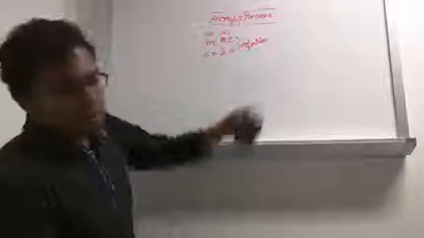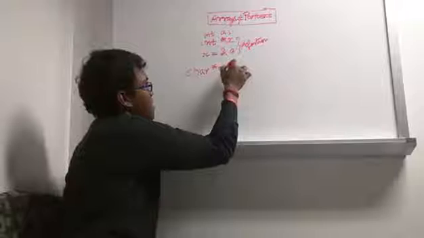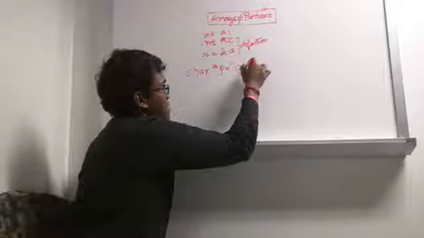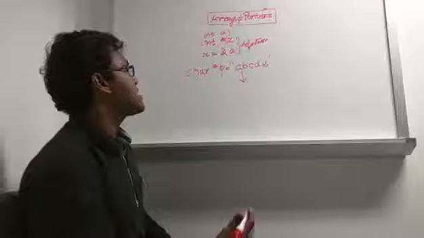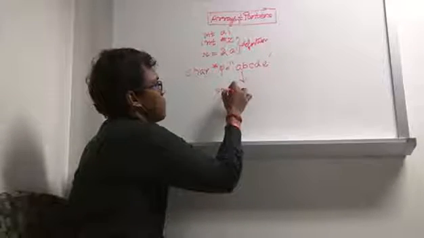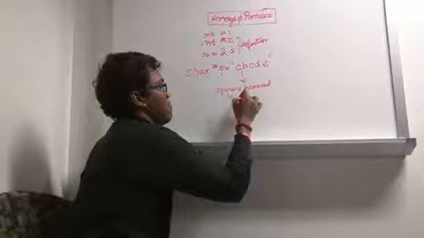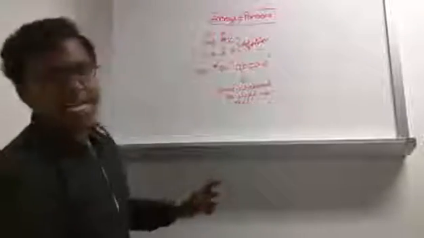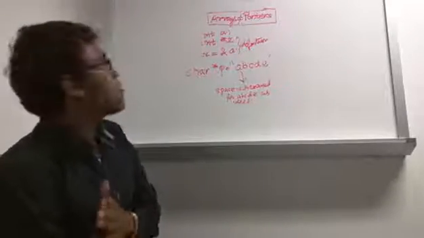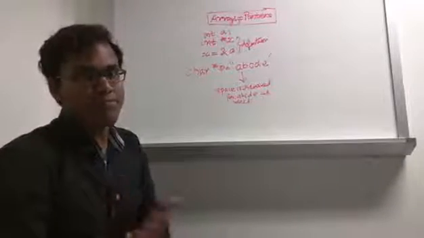If you have a character pointer p, and you define it as a string literal, then in this case and only in this case, space is reserved for the string literal as well. Once again, any pointer definition only reserves space for the pointer itself. It doesn't reserve space for what is being pointed at.